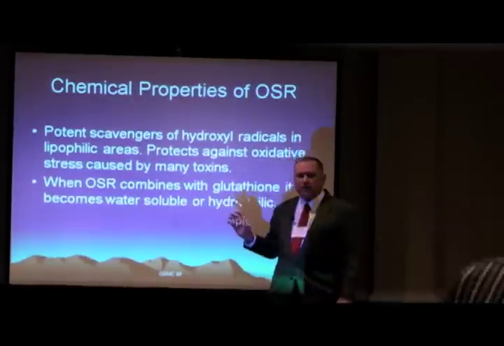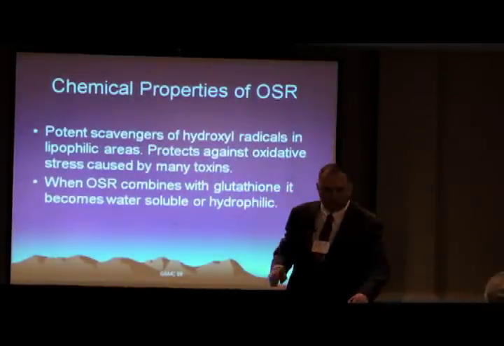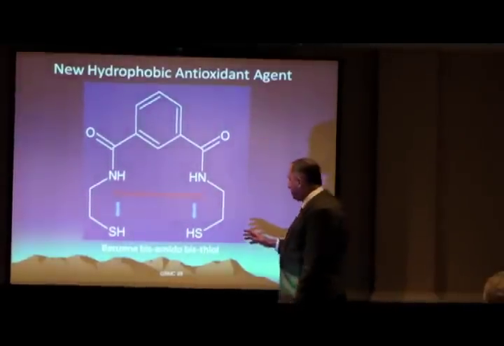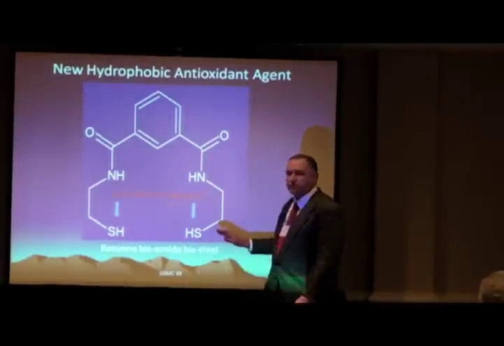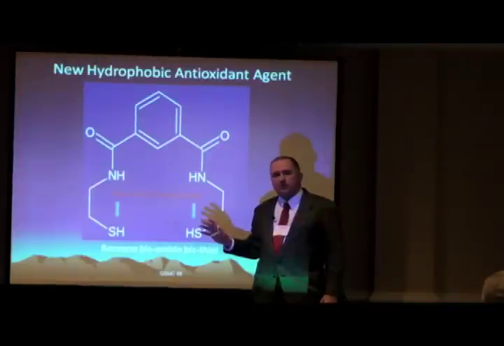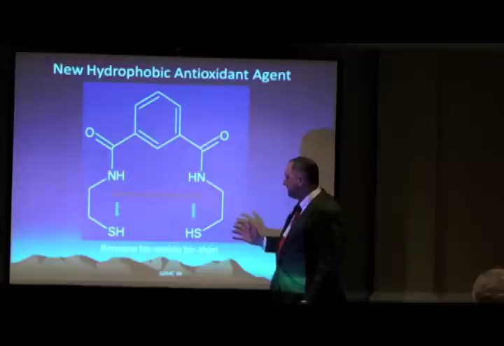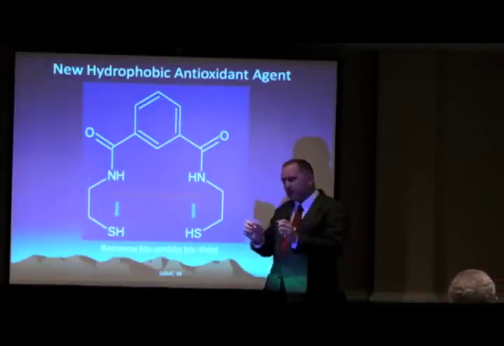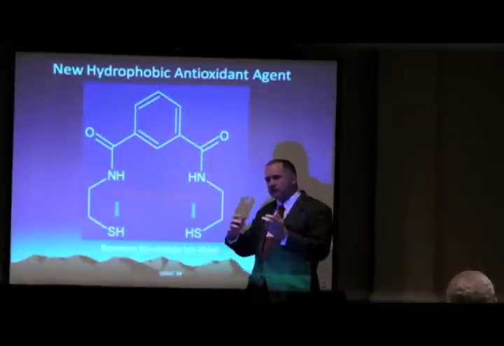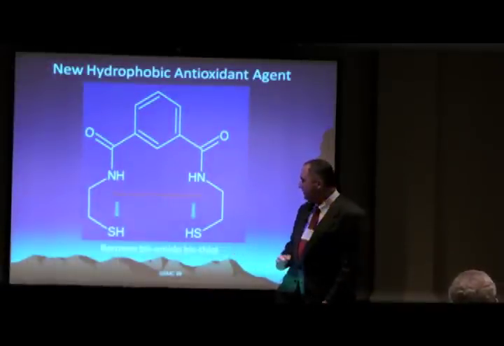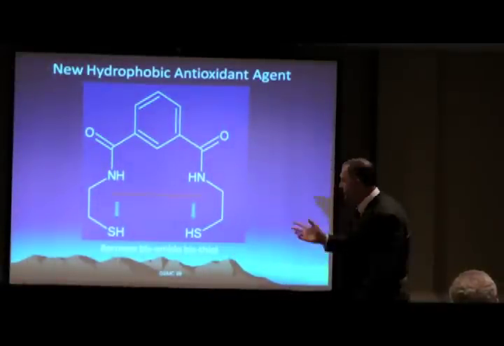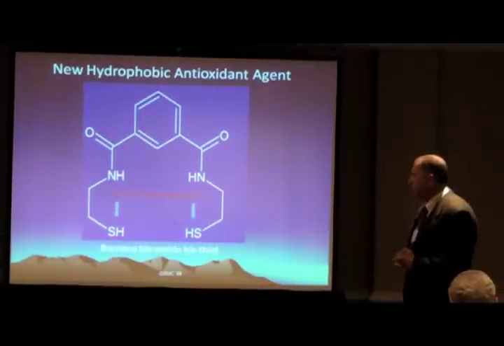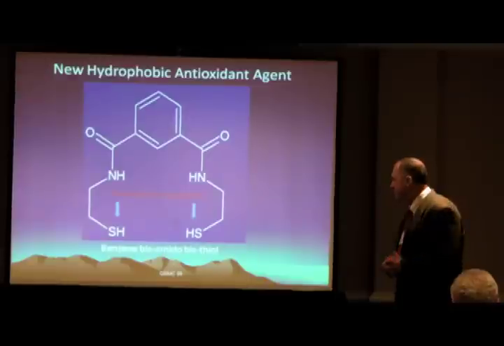Unlike other compounds that contain sulfhydryl groups that can capture mercury and other toxic metals, which have the sulfhydryl groups in fixed position, this has the ability to swing arm and wrap around and, theoretically, capture heavy metals. There are several chemical names, but one of them is benzene bis-amido-bis-thiol.